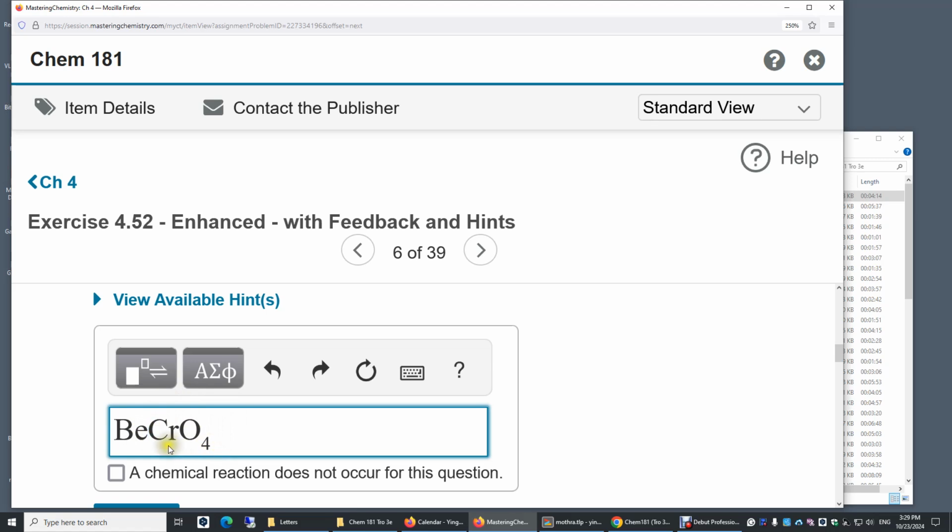If you look for chromium in the periodic table, you will see chromium is argon plus 4s2 3d4. There are 6 valence electrons. So in this structure, chromium may lose all 6 valence electrons, and then we have chromium 6+.